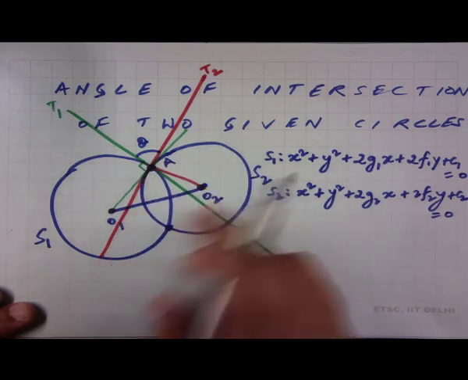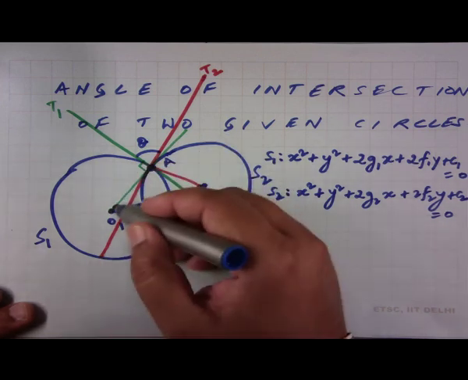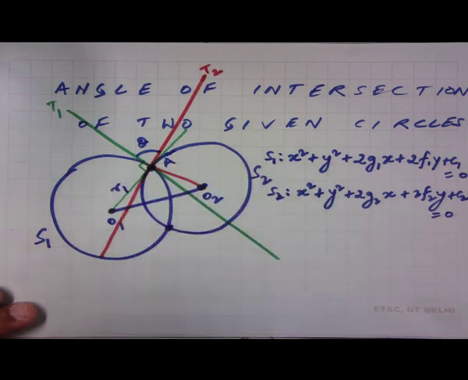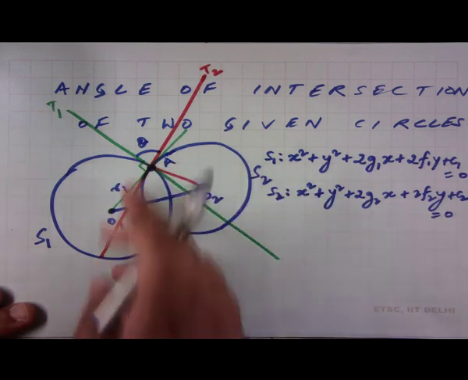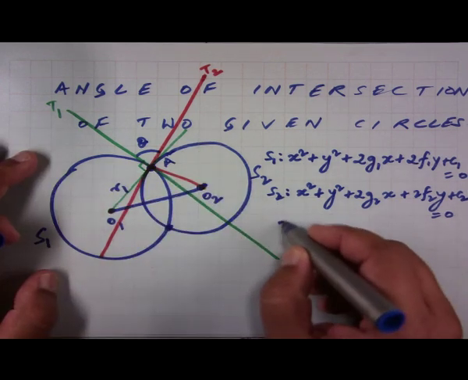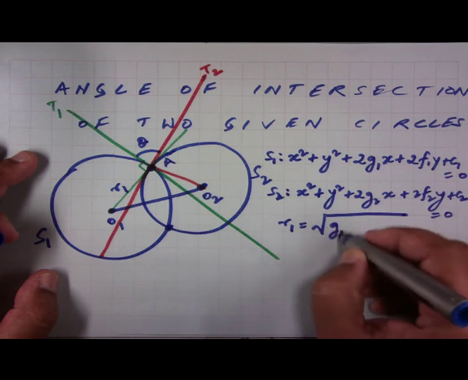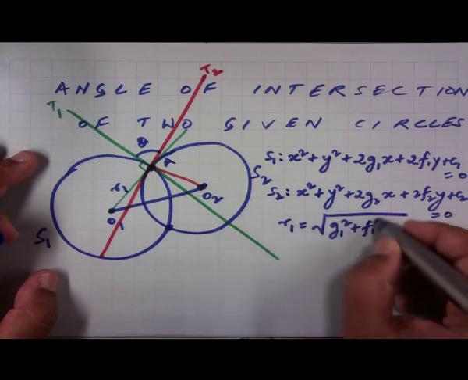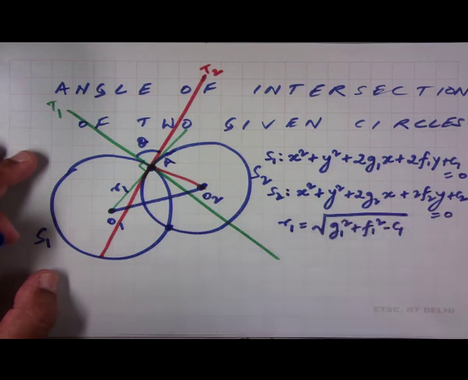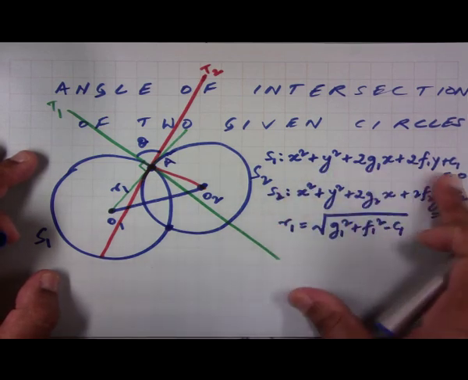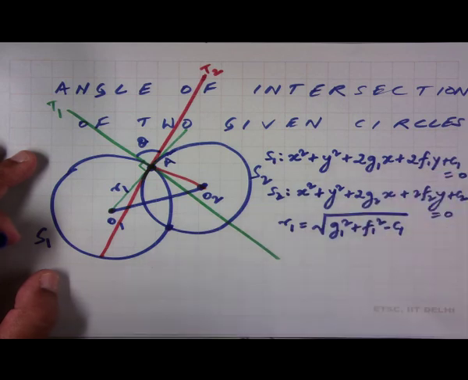For that, let us denote this point of intersection by A, and let us also connect O1 O2 by a straight line. So, now what we have is a triangle O1AO2. The length of the side O1A is equal to R1, which is the radius of the first circle S1. R1 is equal to the square root of g1 square plus f1 square minus c1, where we already know the values of g1, f1 and c1 because the equation of the first circle is given to us.